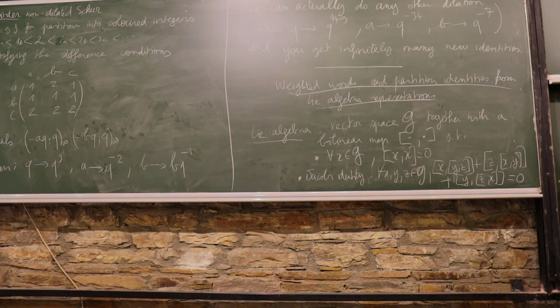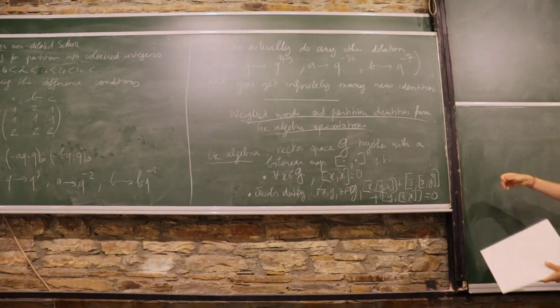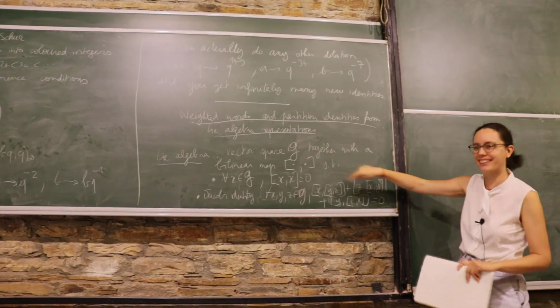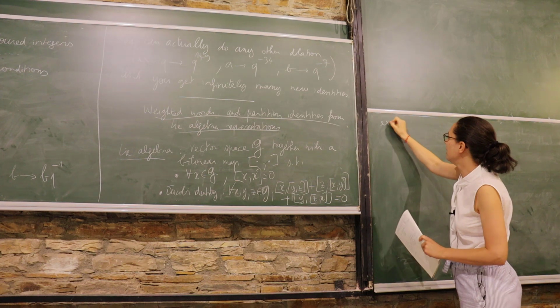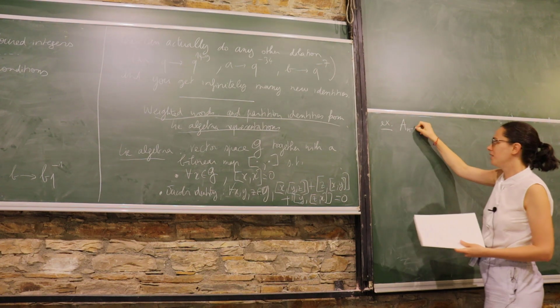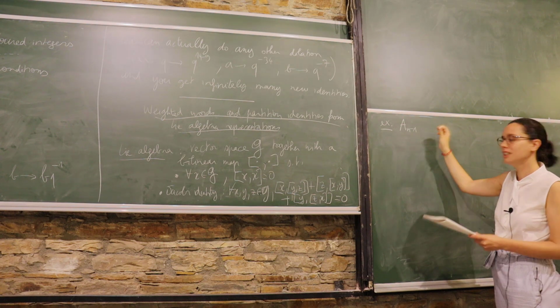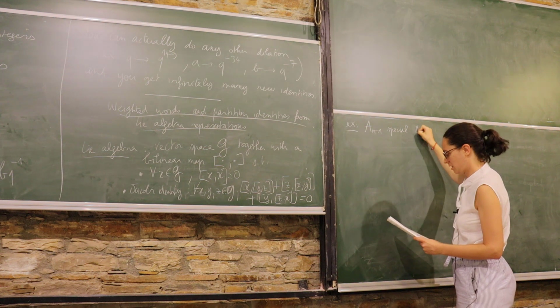If you want a simple example, I can give you one. Maybe I leave it as an exercise to you to check that those two properties are true, but a very classical example is the Lie algebra called A_{n-1}, the special linear Lie algebra.